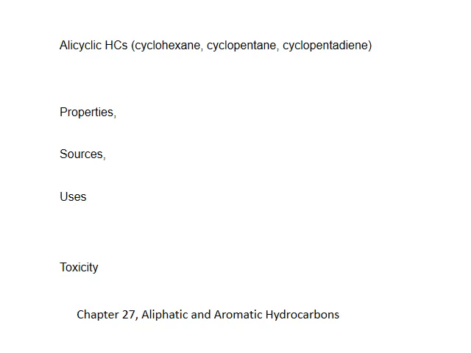Now, cyclopentane, which is just 1 carbon less, still a ring structure, but now a 5-membered ring, is also a flammable colorless liquid, also a distillate of petroleum. But cyclopentane has several uses. It's used as a solvent. It's also used in the shoe industry, and it's used in the process of wax extraction, when wax is being produced.